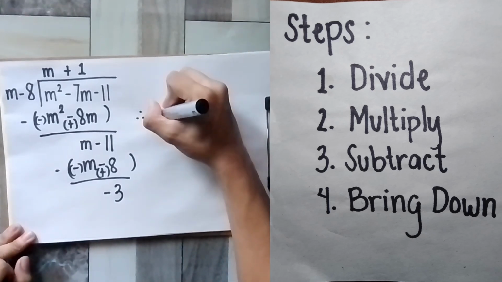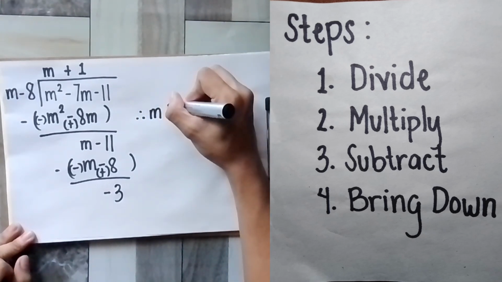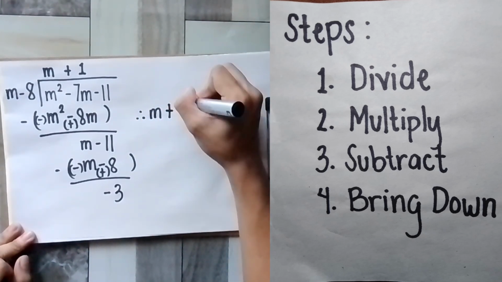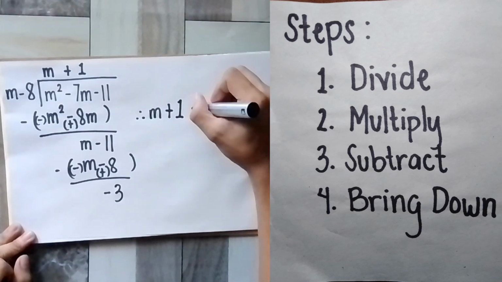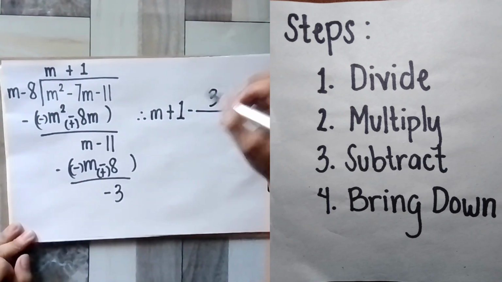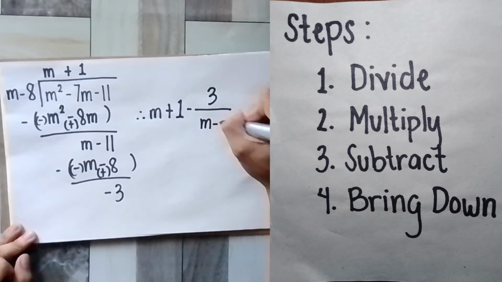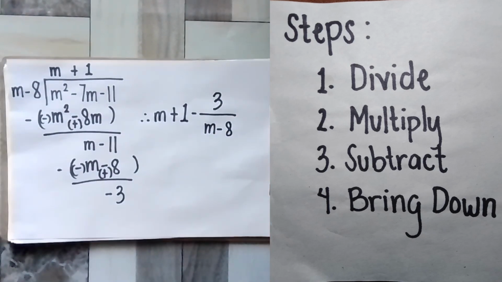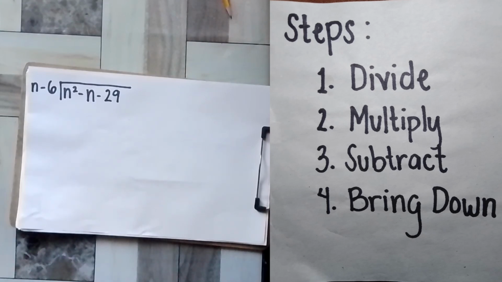Therefore, the answer of this equation is m plus 1, minus 3 over our divisor, m minus 8. Let's have another example. N minus 6 divided into n squared minus n minus 29.